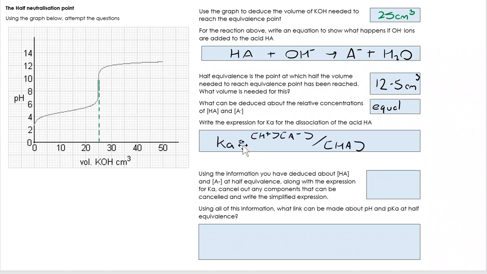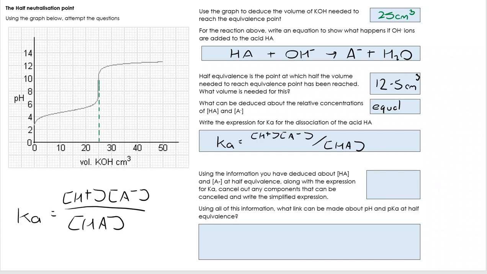So I'm going to put the expression in as the question asks for, H plus times A minus over HA. But let's actually see how we can simplify it. I'm going to put it down here as well. We're saying that at half equivalence, A minus is equal to HA. Well, that means we can cancel them out. And that means that at half equivalence, very specifically, Ka is equal to H plus.